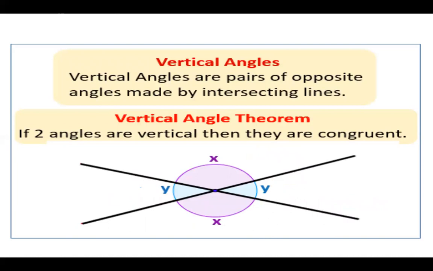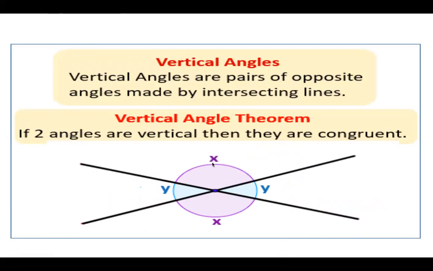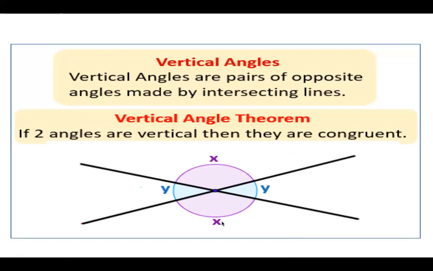Vertical angles, like we studied before, are pairs of opposite angles made by intersecting lines. These are the two lines intersecting over here, and X is the vertical angle here, and exactly the same on the top, opposite side, which is also X. So these two are congruent. Again, congruent is exactly the same angle.